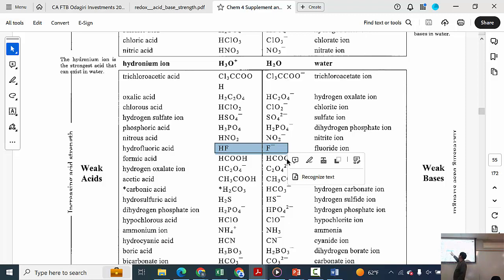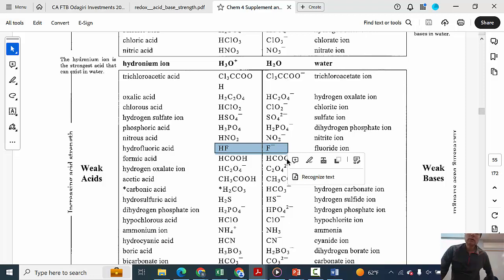So when I ask you, will HF react with nitride? No. H2PO4 minus? No. Sulfate? No. Because those are all weaker than fluoride. We need a base that's stronger. So HF will react with any base that's stronger than fluoride.